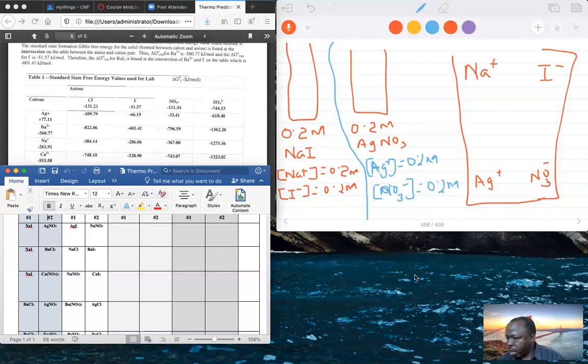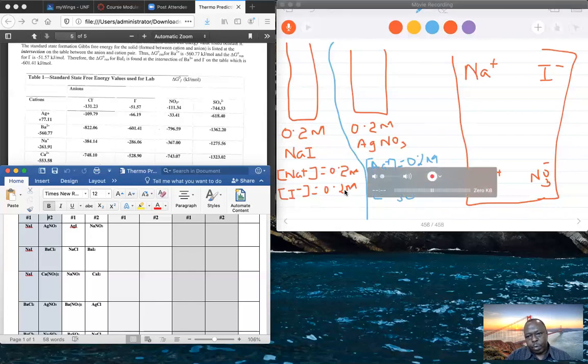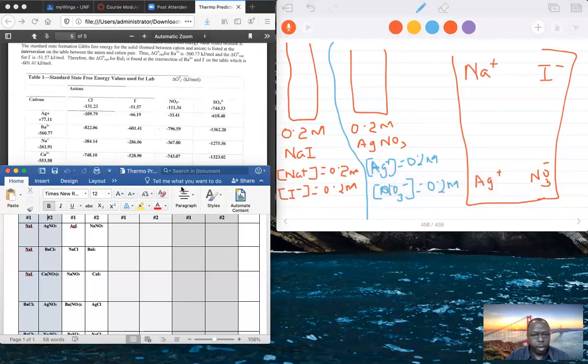Look at where we are starting from and where we are moving. After mixing the two in equal volume, whether you have 5 ml, 5 ml, or 2 ml, 2 ml, or 3 drops, 3 drops, it should be equal. The concentration will be 1/2. So for sodium, the concentration will be 0.1 molar when you mix, and this is 0.1 molar, and this is 0.1 molar.